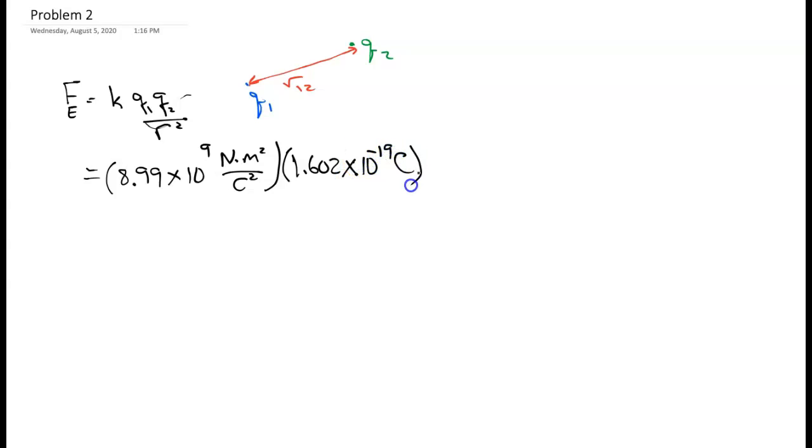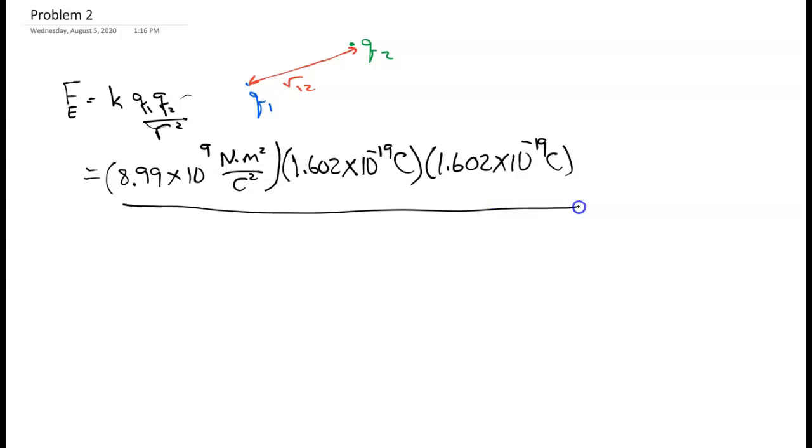And since we have two protons, they both have the same exact charge on them, divided by the distance between them squared, and we're told that the distance between them is 4 times 10 to the negative 15 meters. If we multiply these numbers out, we get about 14 newtons if we take into consideration the significant figures.